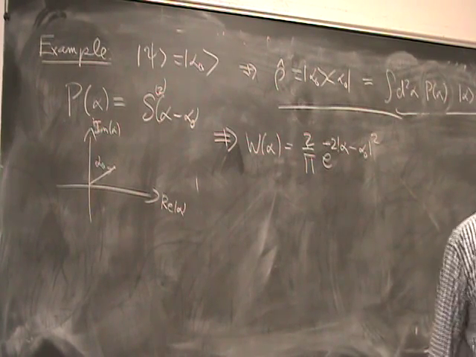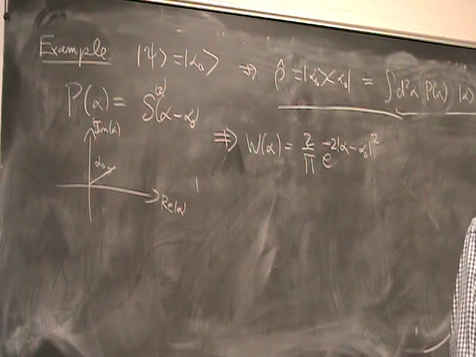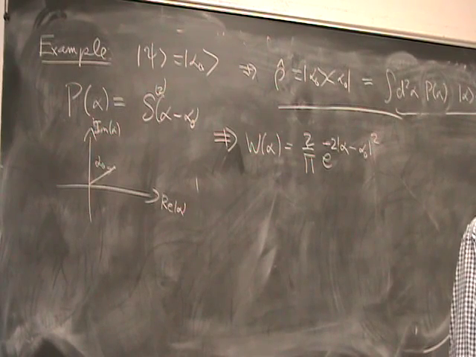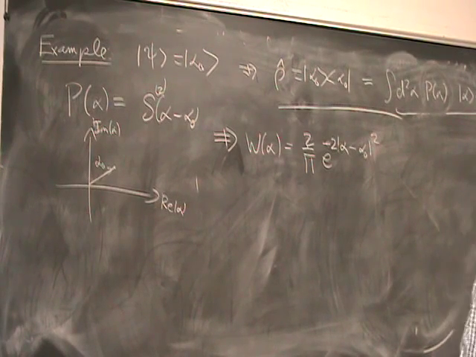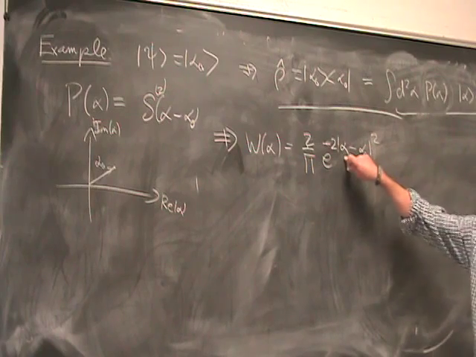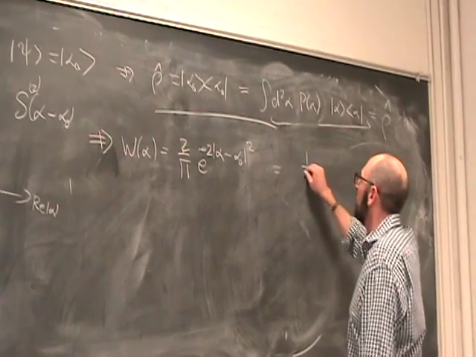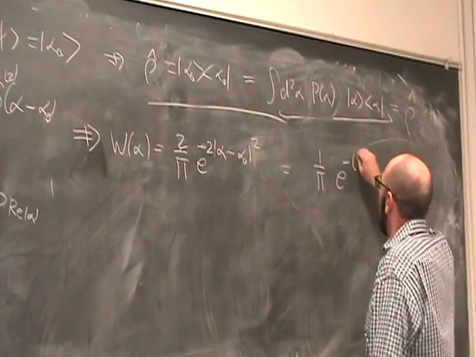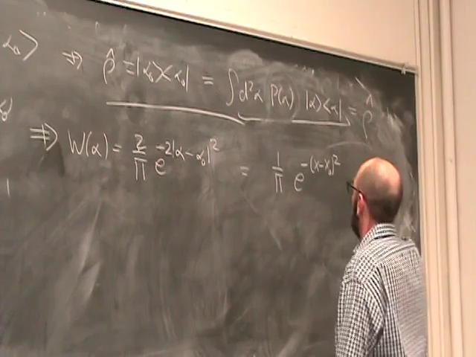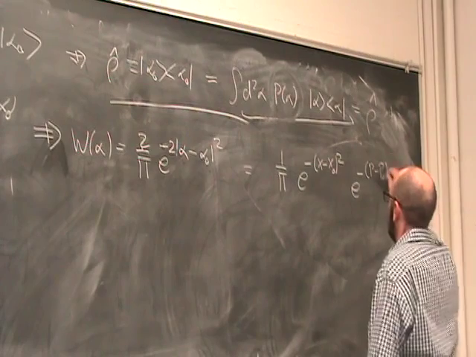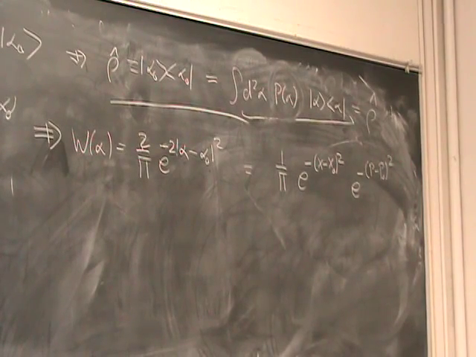Well, it had better be the case that the variance in X and P is what we expect it to be, which is 1 over root 2, right? So I can write this, remember alpha is X plus IP over root 2. So this is equal to 1 over 2 e to the minus x0 squared times e to the minus p0 squared, right?